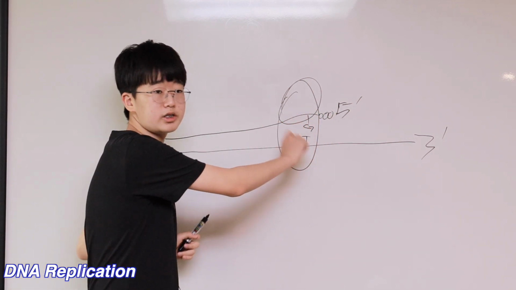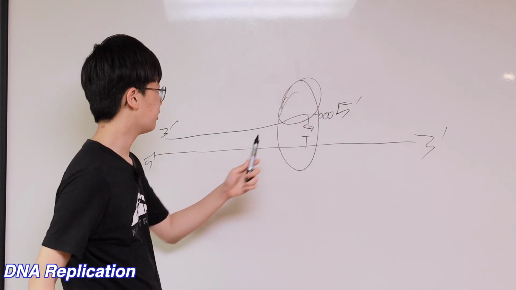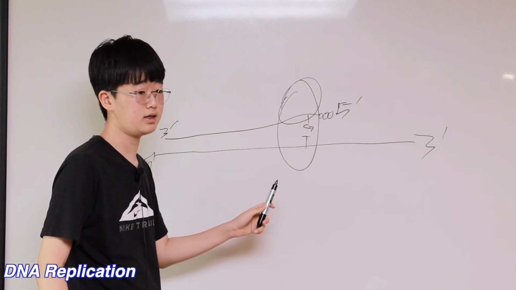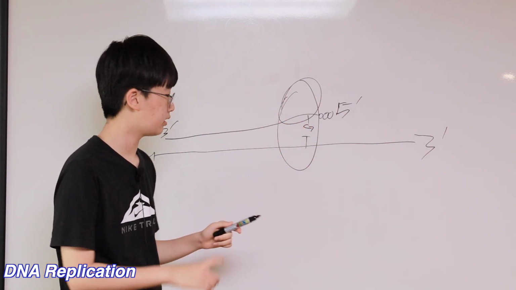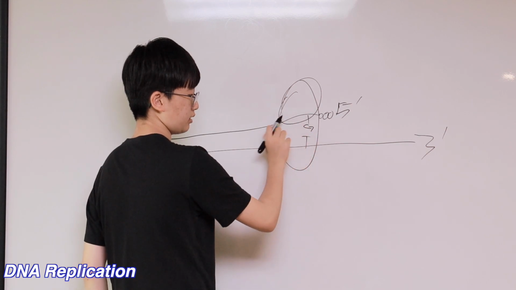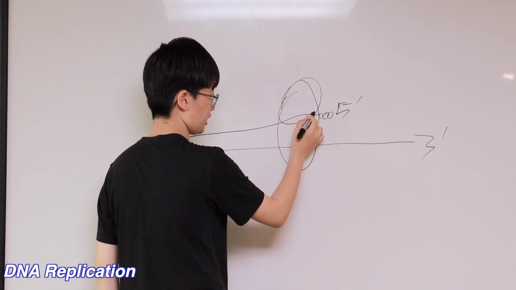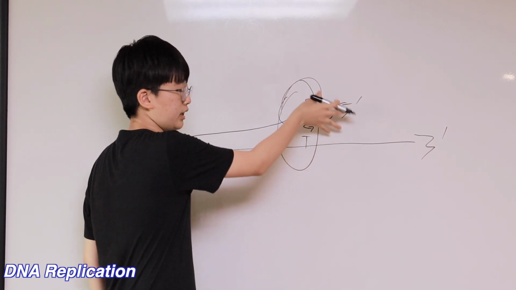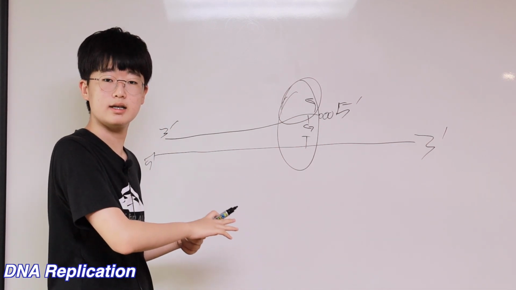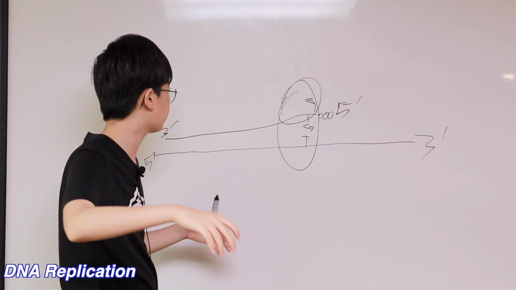But if the exonuclease finds an error, the top strand over here is kind of turned over into the exonuclease, and as I said, exonuclease cuts off stuff.